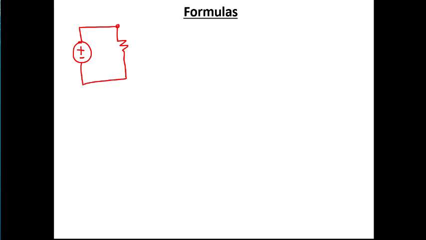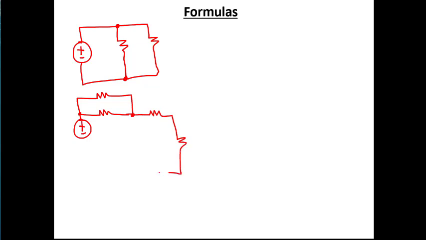And in order for two resistors to be in parallel, they both have to be touching the same node on each side. So let's say we had a circuit like this. Okay, so here is our circuit.